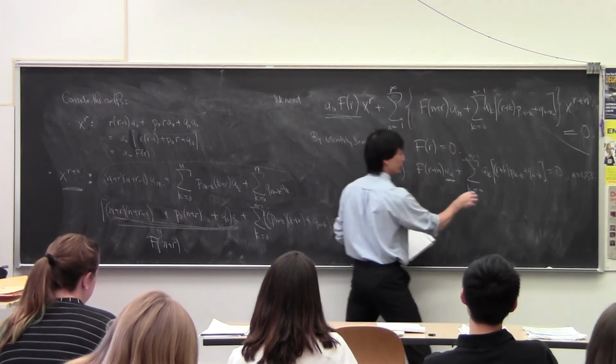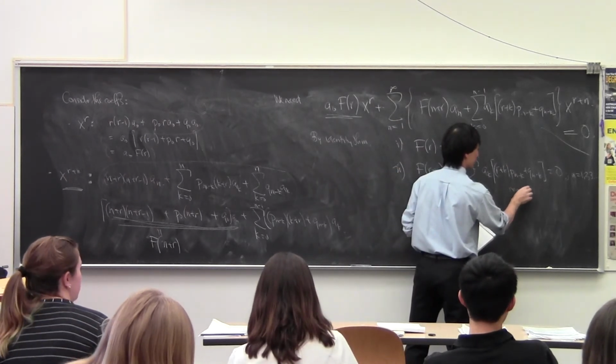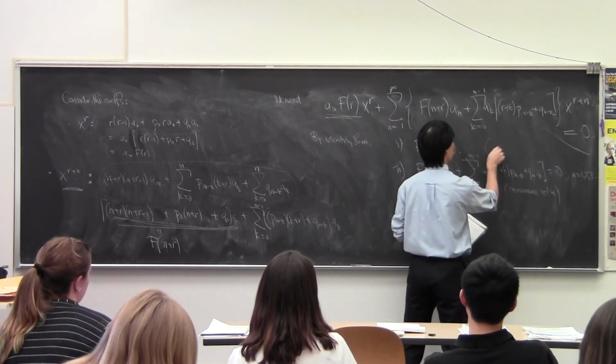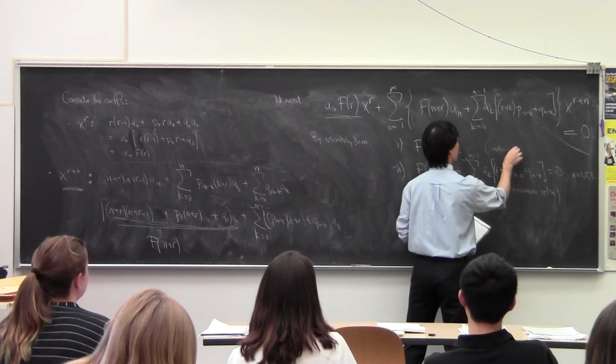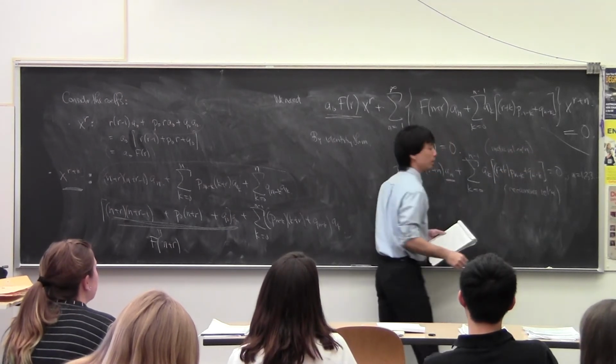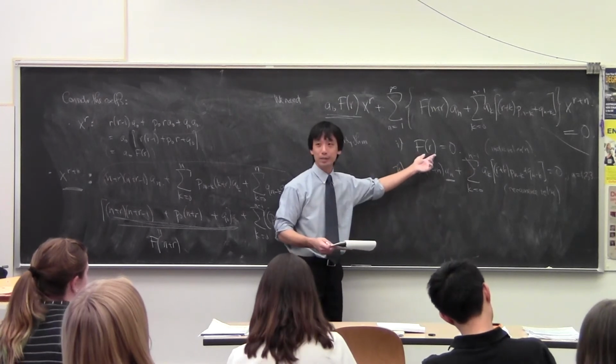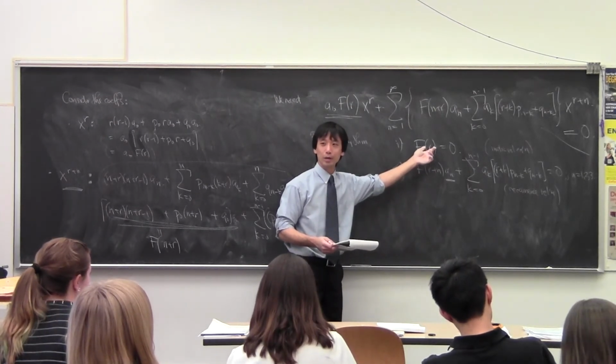This thing is called the recurrence relation. This thing is the indicial equation, right? What does indicial mean? Like the indices: it's the thing that gives you the indices, the powers, r1 and r2.